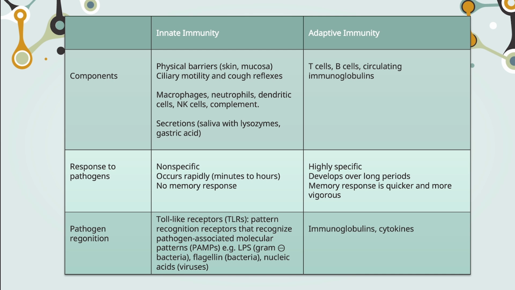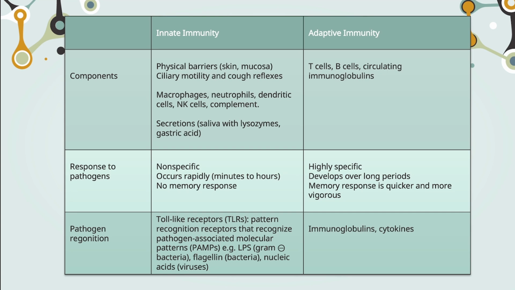Now, the cellular components of innate immunity are macrophages, neutrophils, dendritic cells, natural killer cells, and complement proteins. Similarly, we have secretions like our saliva, which contains lysozymes. Similarly, we have gastric acid secretions in our stomach, which protect our body from the pathogens that we consume. Now, the components of adaptive immunity are T cells, B cells, and the circulating immunoglobulins.